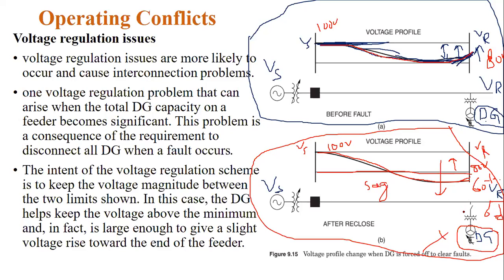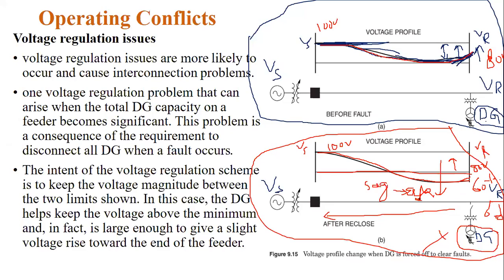What will happen here? The total load is put on the main source. So this may lead to an increase in the percentage voltage regulation, which may lead to voltage sag and some equipment damage.